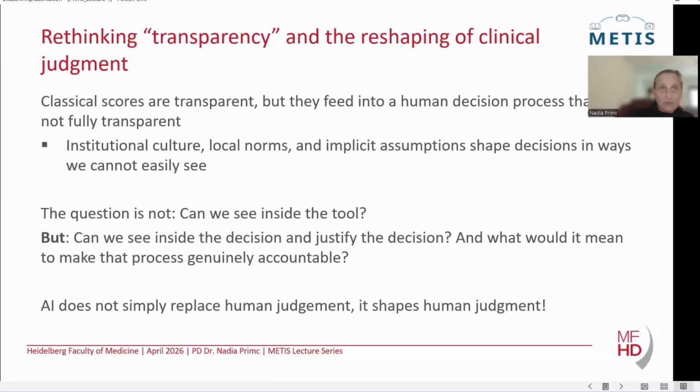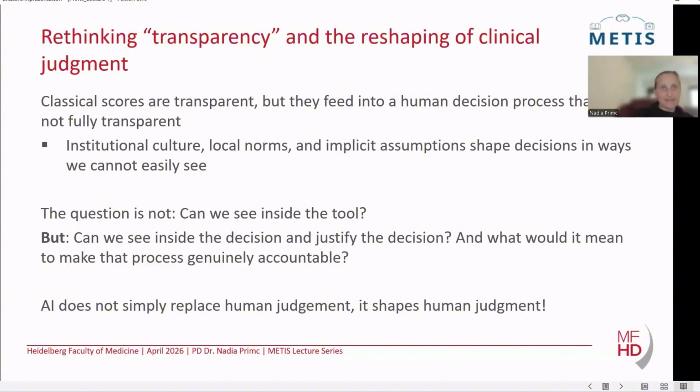The question we need to ask ourselves is not only can we see inside the tool, but also can we see inside the decision? And what would it mean to make the entire process of clinical decision-making generally accountable? And that is a question, or rather a cluster of questions that medical ethics and also ethics of AI in healthcare forces us to confront.